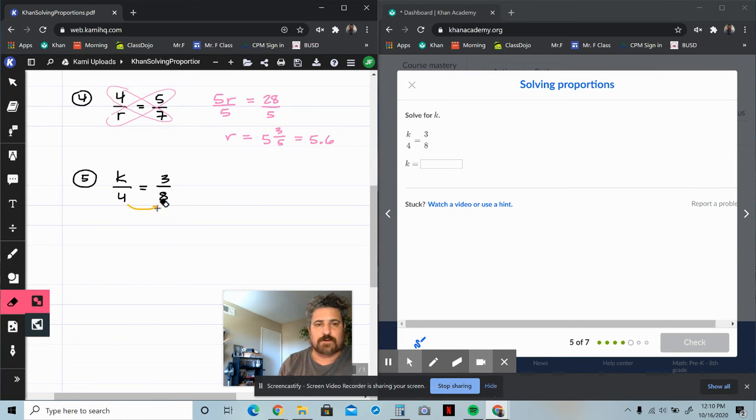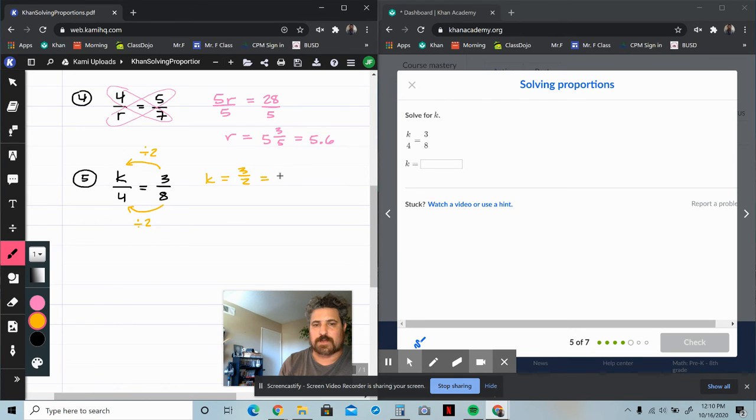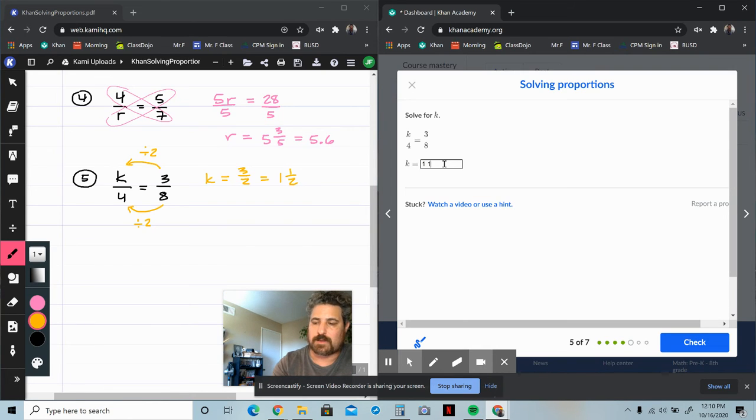But because we're going to go from the 3 to the k, we're going to ask ourselves, what would I divide 8 by to get 4? Divide it by 2. 8 divided by 2 is 4. Keep that consistent. 3 divided by 2 must be k. But what is half of 3? So the answer would just be that k is equal to 3 divided by 2, which is the same as 1 and 1/2. So the answer for this one is just 1 and 1/2. And you're done.